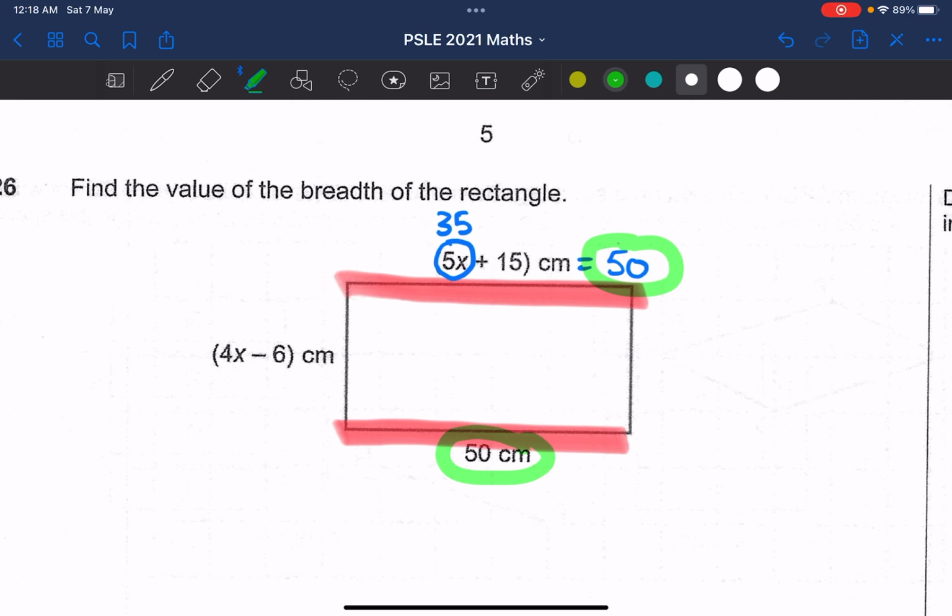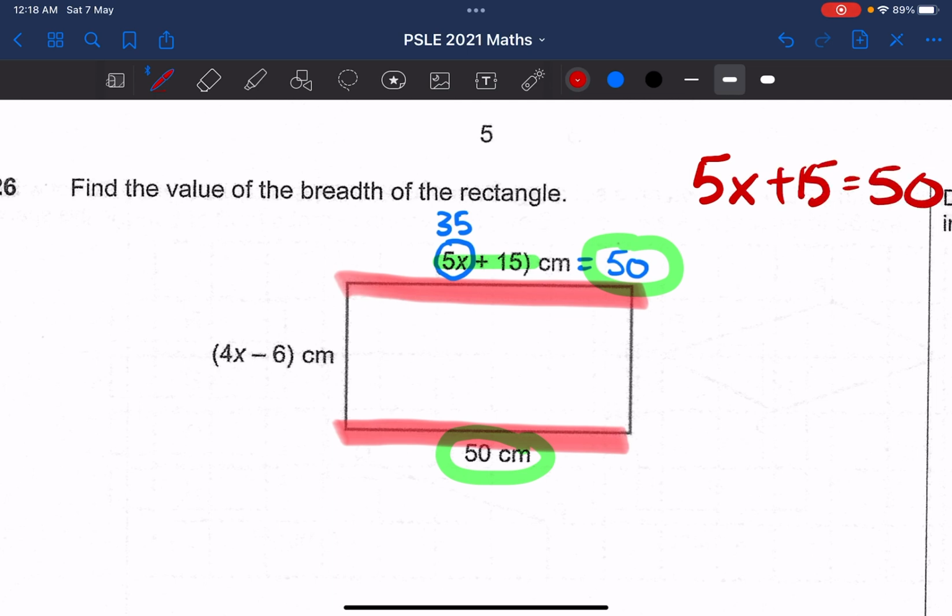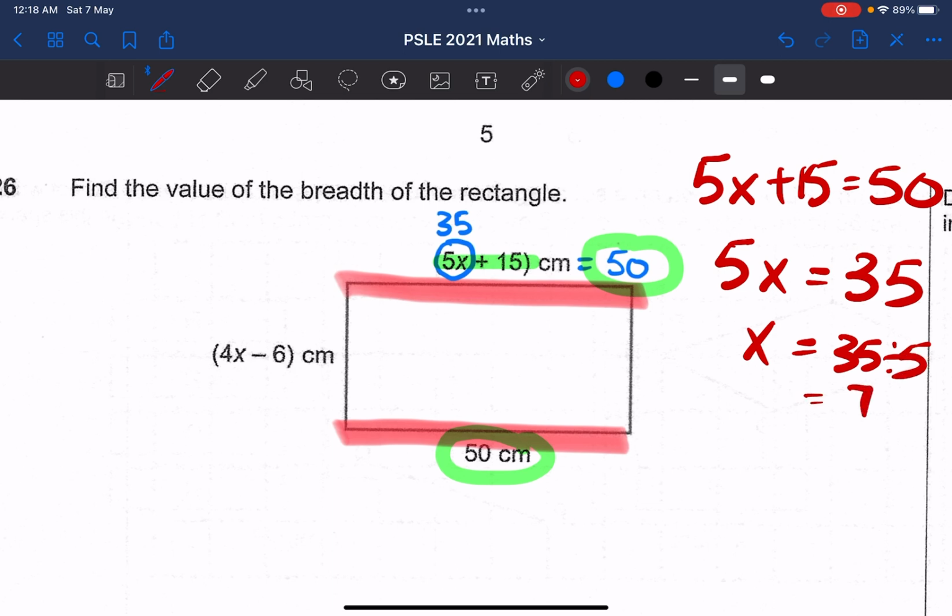So it says that 5x plus 15 must be equal to 50, right? So do you think you know what 5x is? 5x must be 35, right? Because you try to find a difference. So what about 1x? 35 divided by 5 gets you 7.